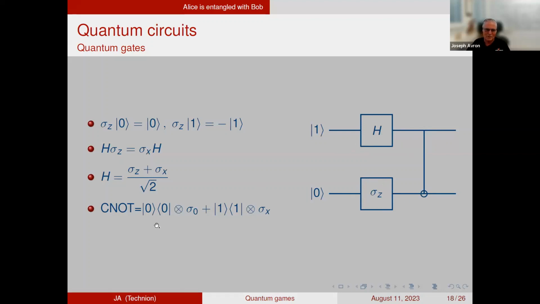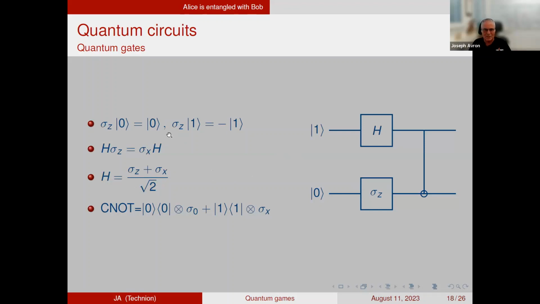If the first qubit is in the state 0, I do nothing on the second qubit. But if the first qubit is in the state 1, I flip the second qubit. The matrix H is a linear combination of sigma z and sigma x, and it interchanges sigma z with sigma x.